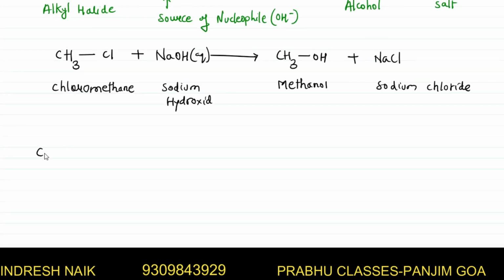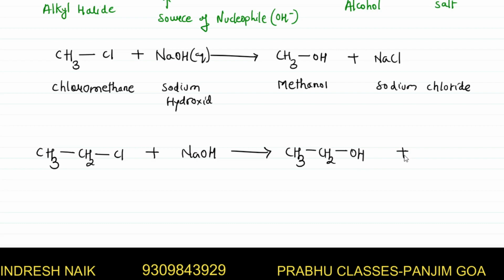I'll take this. If it is ethyl chloride, and this is NaOH, what would be the product? Product is ethanol or ethyl alcohol. This is chloroethane.